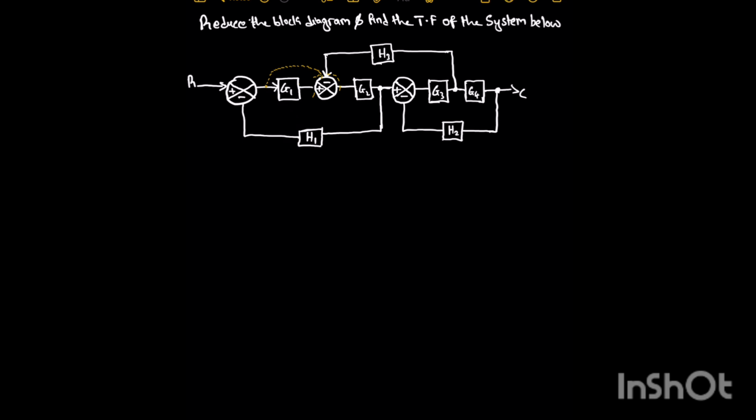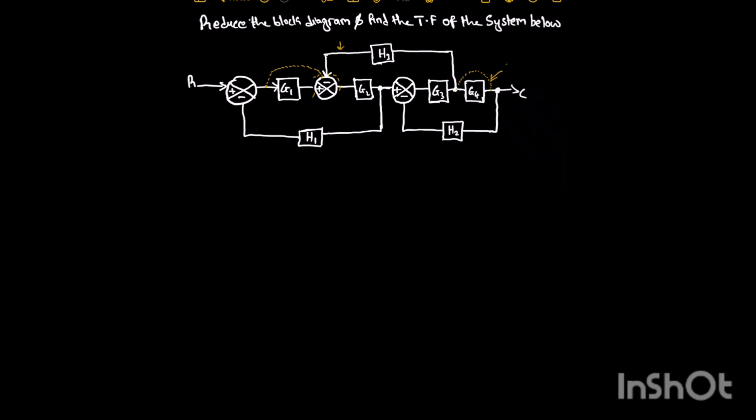So moving this summing point to come before this block, you are going to add the inverse of the actual gain, which is G1, at the top here. Secondly, I'm going to move this point to come across this block and stay over here.